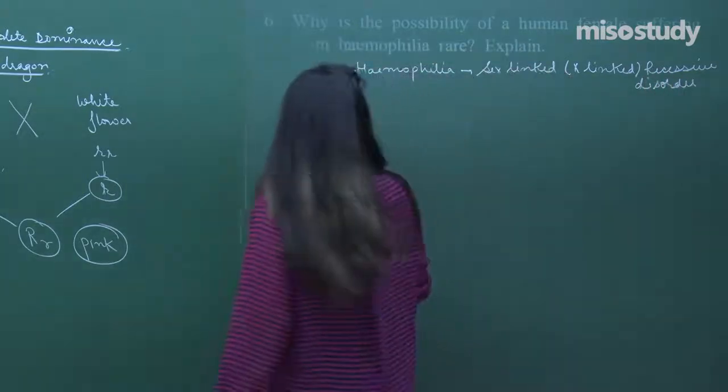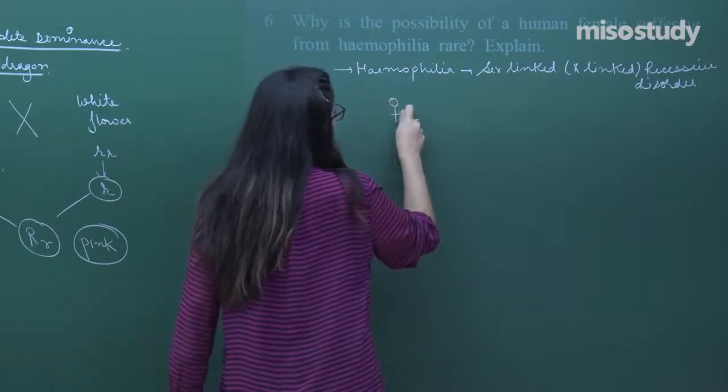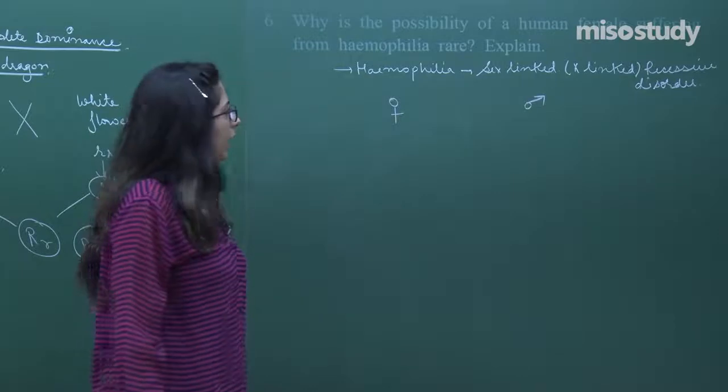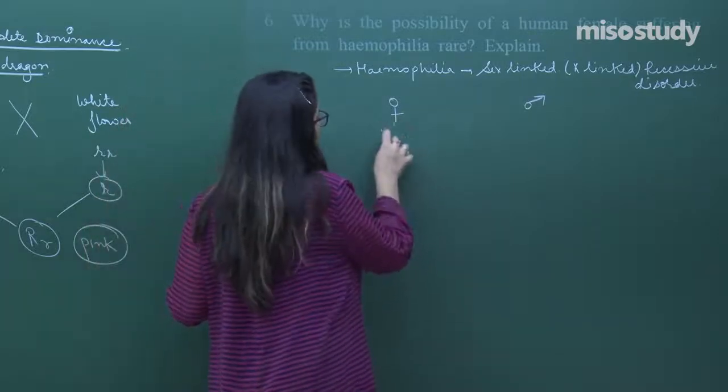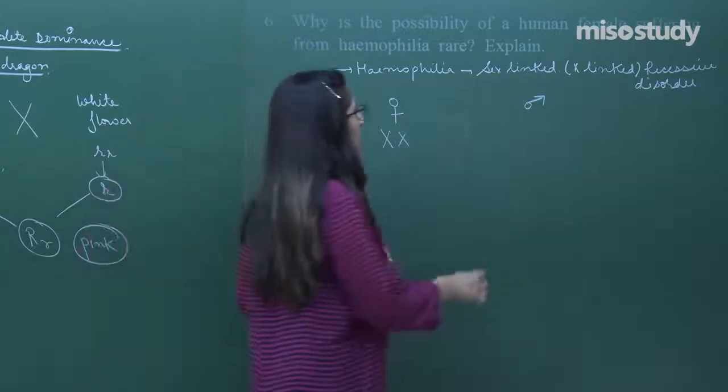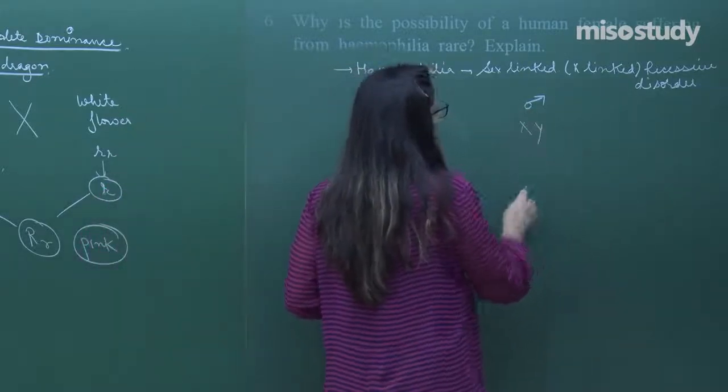To talk about two characters, one male, one female. In case of female, the chromosome which is present is XX, whereas in case of the male, the chromosome which is present is one X and the other Y.